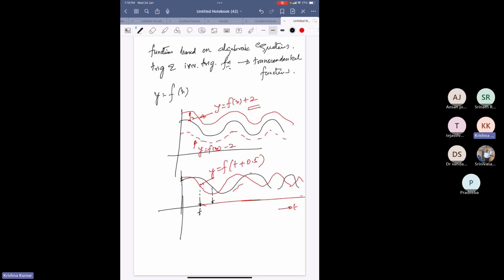What had happened at t plus 0.5 is now happening at t. It is shifted horizontally to the left.